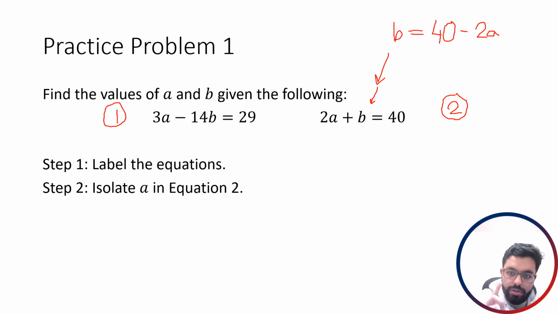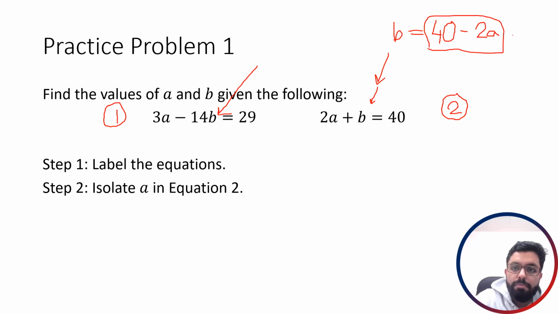Here's why I'm not choosing to do that. I'm a little scared of doing all the multiplication and then all the isolating that's going to come later, because if I say b is equal to 40 minus 2a, when I plug that into equation 1, I have to take this 40 minus 2a and multiply it by 14, because it's 14b over here in equation 1.